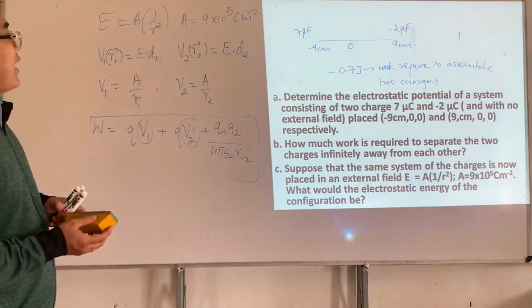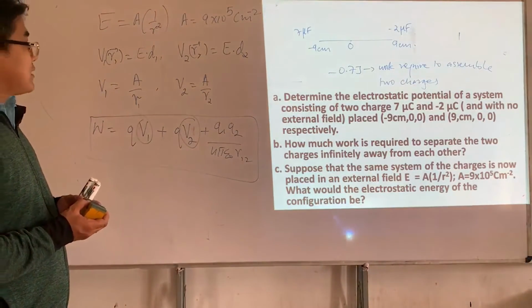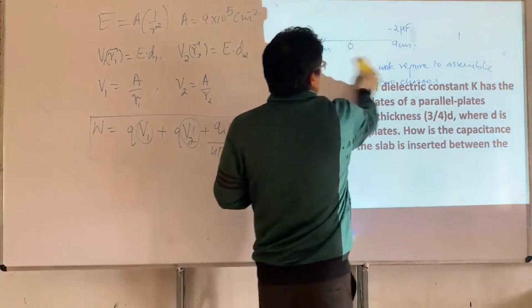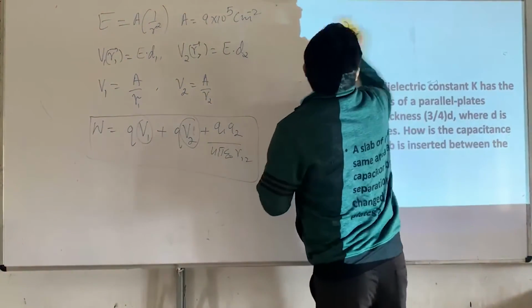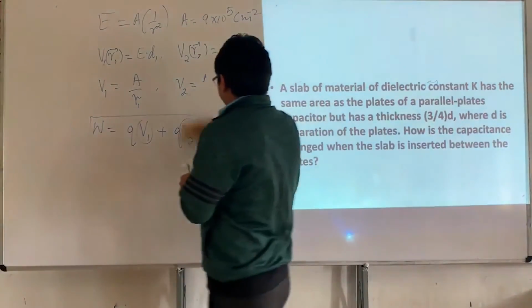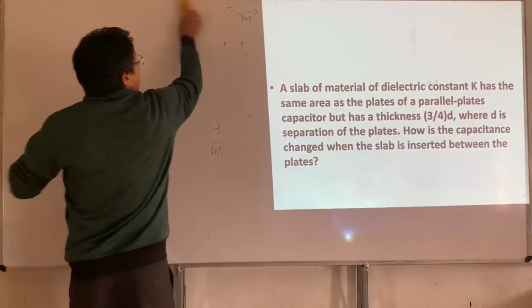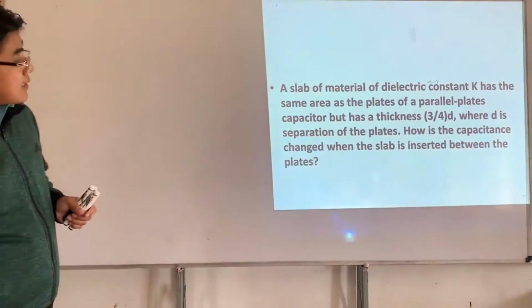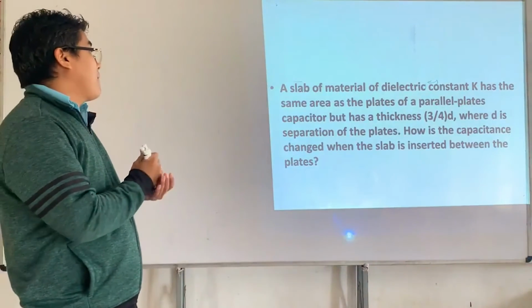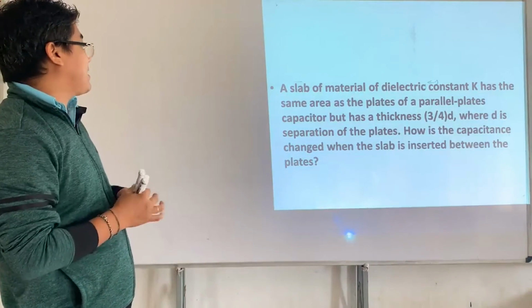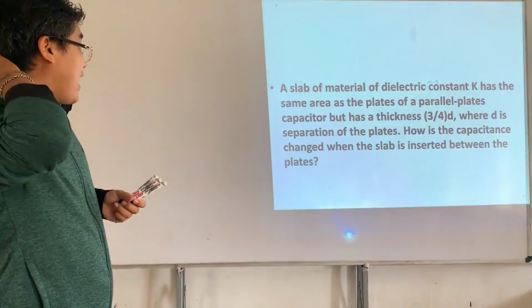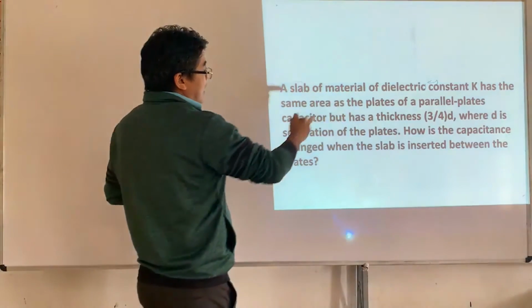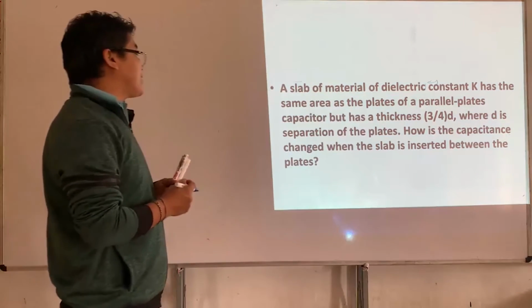Okay, now next question is: a slab of a material of dielectric constant K has the same area as the plate of a parallel plate capacitor, but has a thickness of 3 by 4 D, where D is the separation of the plates.